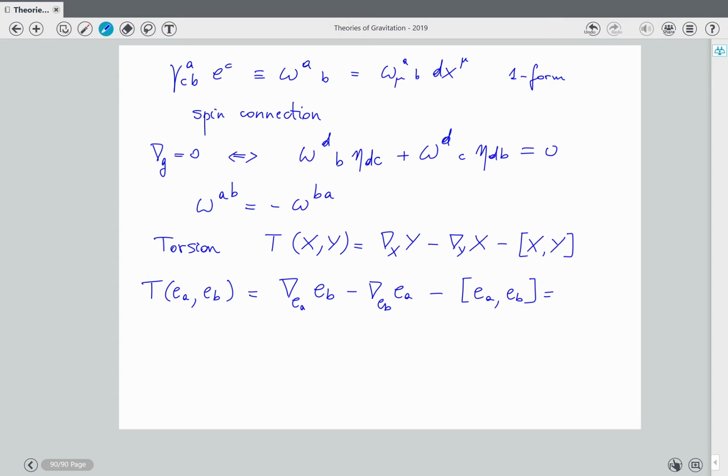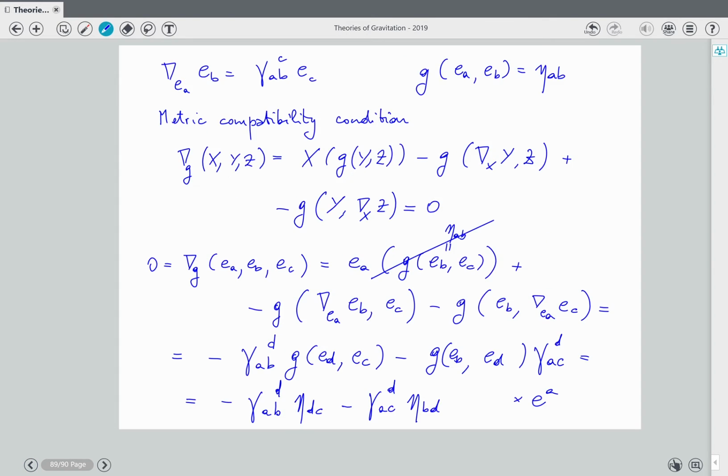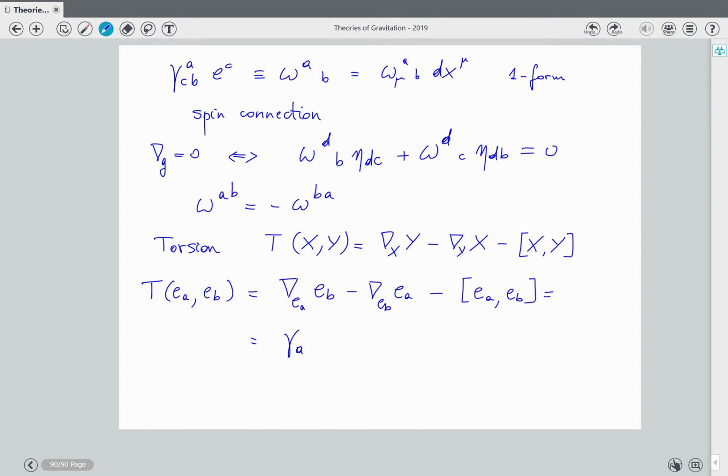Again, here we use the definition of gamma symbols. So this is gamma ABC EC minus gamma BAC EC.